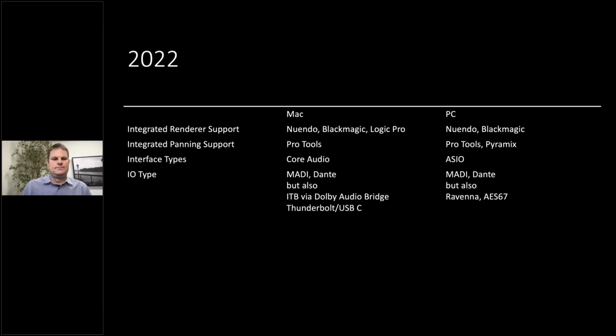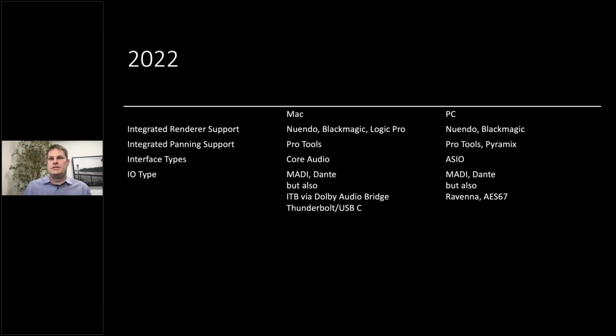So what does it look like in 2022 for one of these systems in terms of overall costs? Well, if we're looking at the Mac and the PC side of things, we've got integrated renderer support for Nuendo, Blackmagic, Logic Pro on the Mac, Nuendo, Blackmagic on the PC.